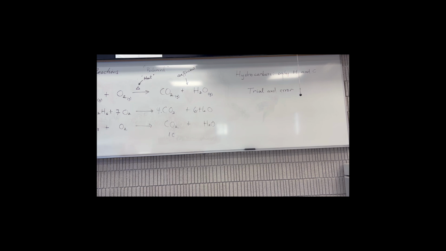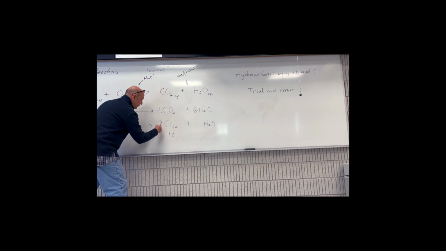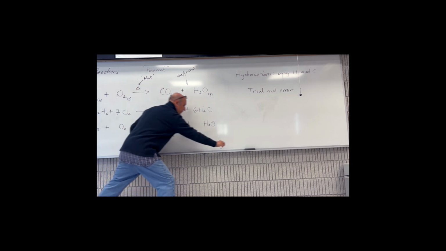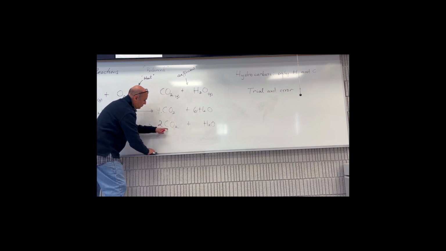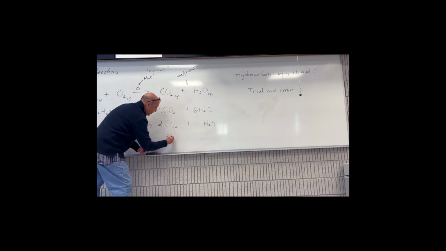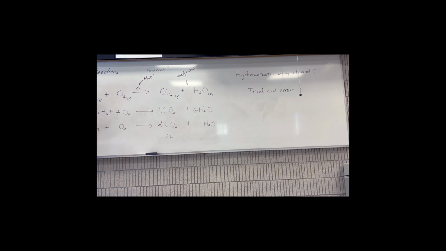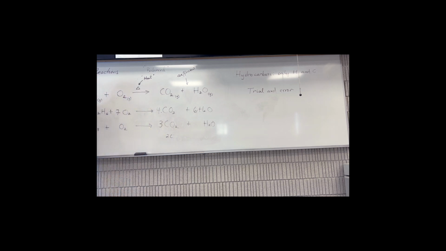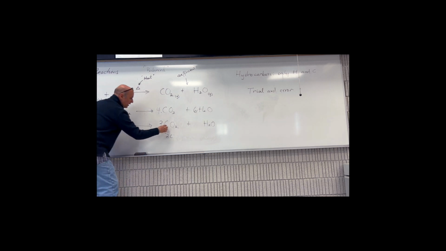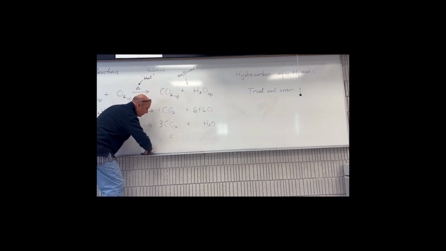So do you just put 2? If I put a 2 here, I have 2 times 1, I have 2 carbons, not 3. Okay, I mean, it's trial and error. That's perfectly fine. So that didn't work. What can we do? 3 CO2. 3 times 1, 3 carbons.